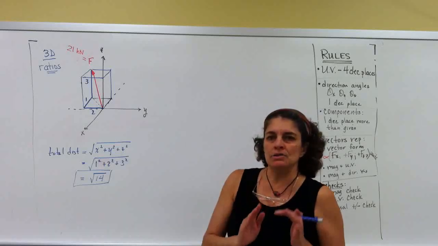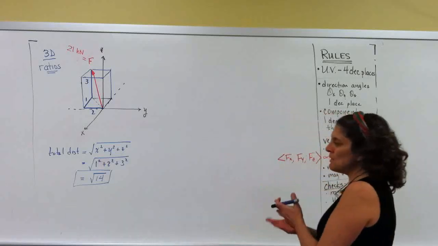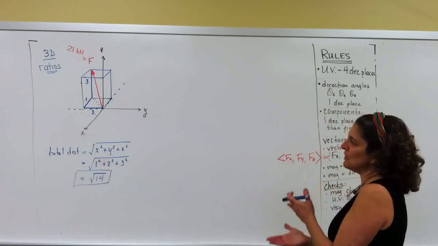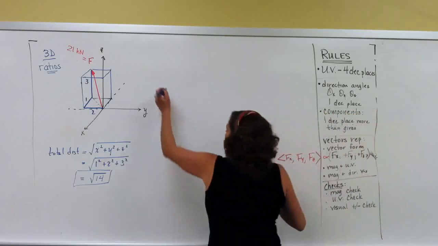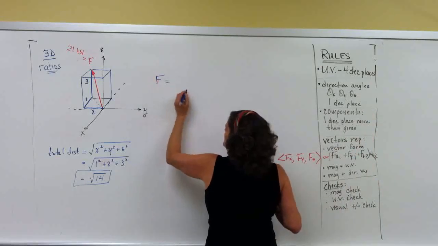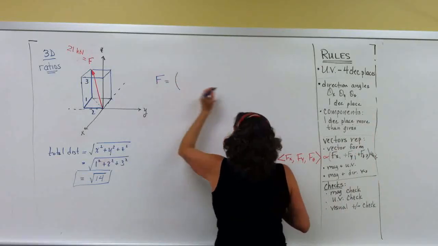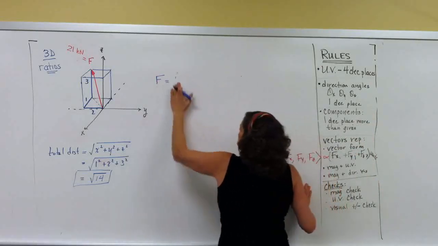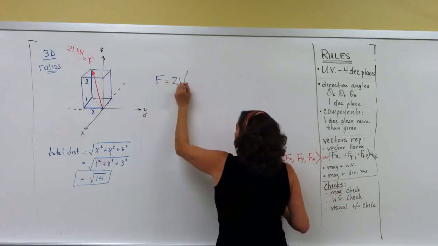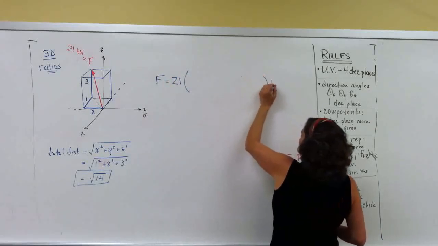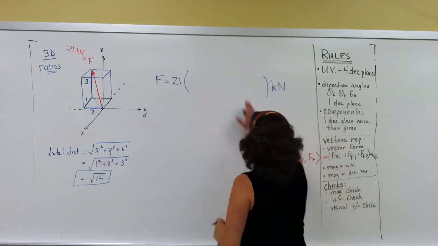So just as in the 2D problem, when we were very methodical, step by step, we're going to be very methodical here. So our force, remember, is equal to 21 kilonewtons, and the units go on the right side, the magnitude goes on the left.